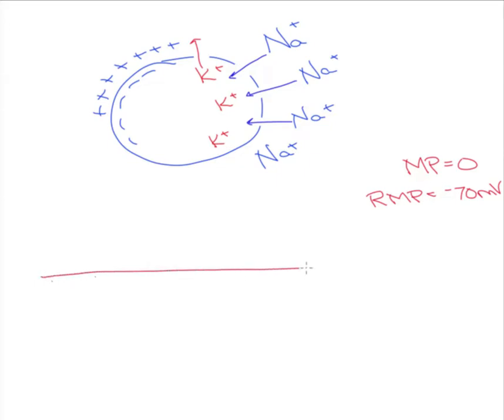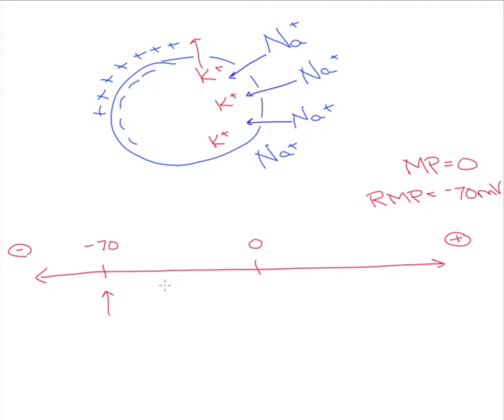Think of the membrane potential like a number line. So remember, we have negative numbers here. So negative 70 is way down here to the left, and positive numbers are up here towards the right. So these are positive charged, this is negative charged. So we're sitting down here at negative 70.